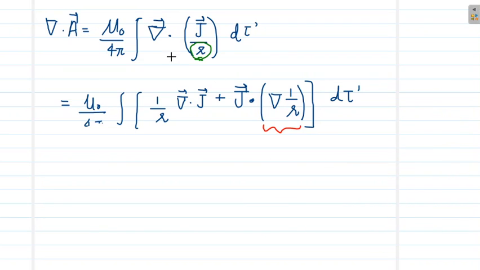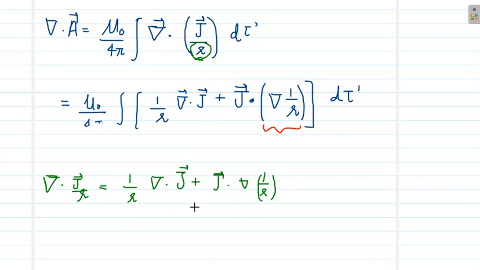Here we have expanded del dot of j bar by curly r, that is equal to 1 by r into del dot of j plus j bar dot del of 1 by r, right? First let us solve for this and find a term for del dot of j by r, and then finally substitute that in the equation for del dot of A. We have said that for del of 1 by r, which is del of 1 by r bar minus r bar dash, we can substitute minus del dash of 1 by r bar minus r bar dash.